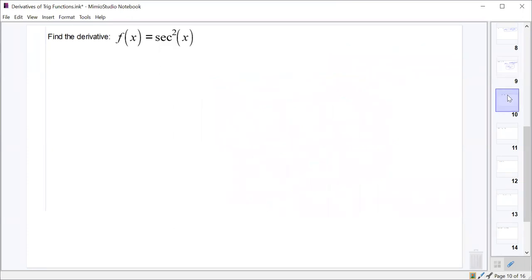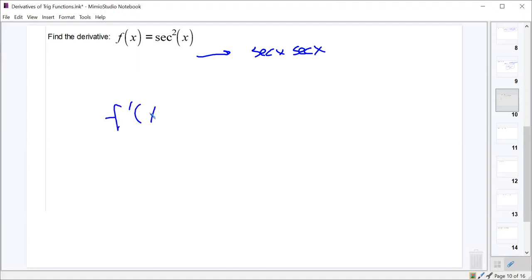Let's do this one and then maybe one more and then we'll be done. So finding the derivative of secant squared x. How are we going to do that? Product rule? Yep, that's exactly right. We'll just turn this into secant x times secant x and use the product rule.